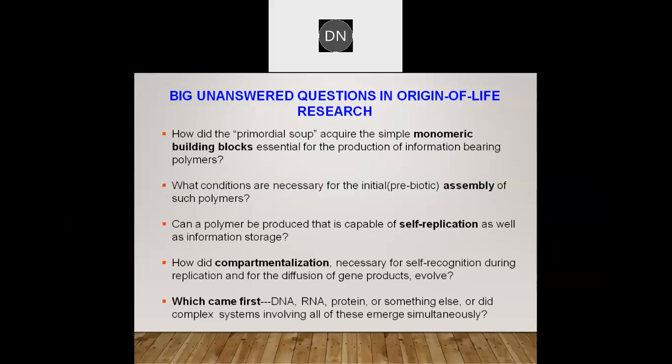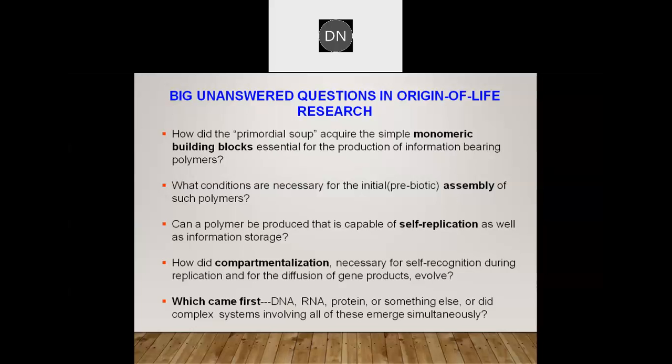There are big unanswered questions in origin of life research. How did the primordial soup acquire the simple monomeric building blocks essential for the production of information-bearing polymers? What conditions are necessary for the initial prebiotic assembly of such polymers?